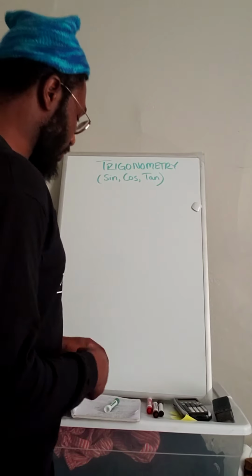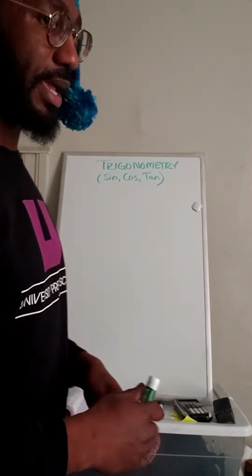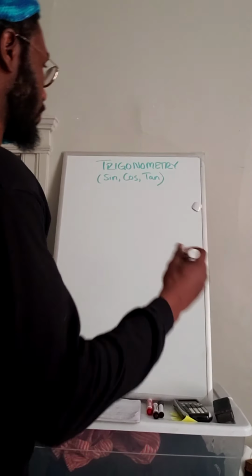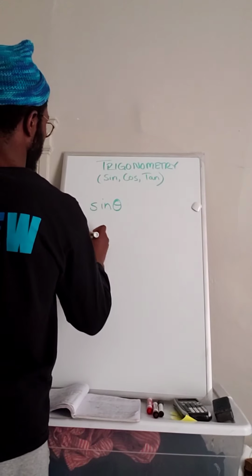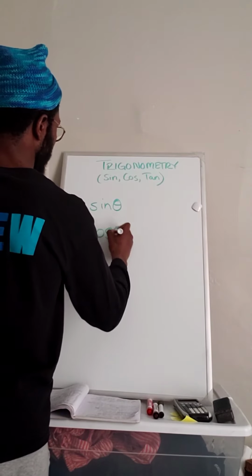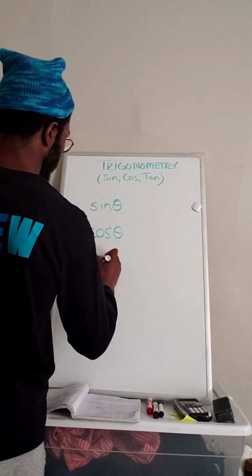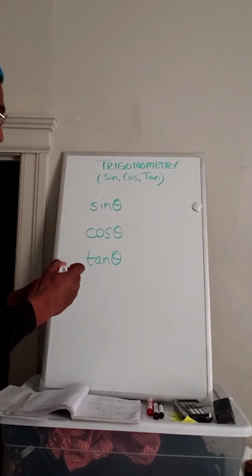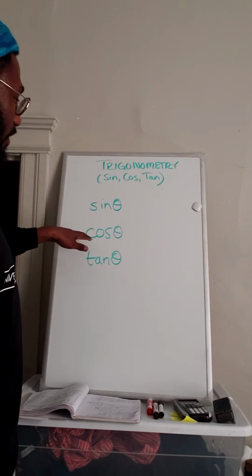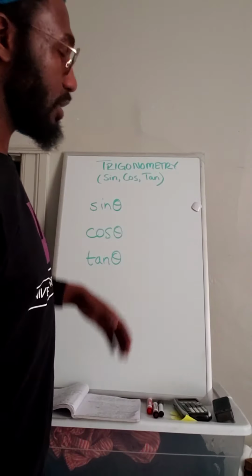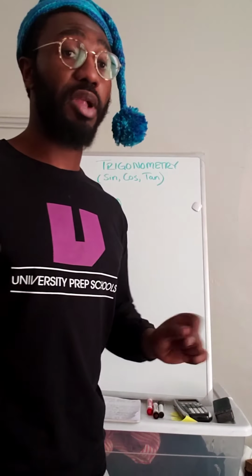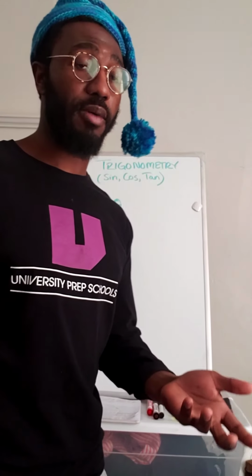So when I'm talking about sine, cosine, and tangent, I'm referring to these things: sine of theta, cosine of theta, and tangent of theta. These are all functions. So sine is a function. You plug something into that function to get out a number.